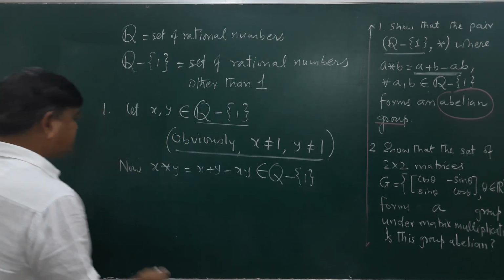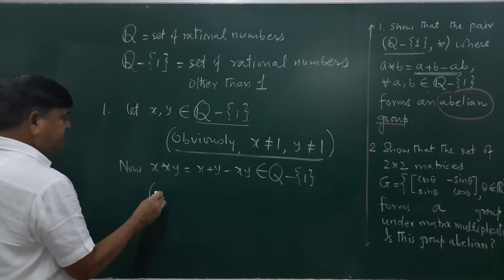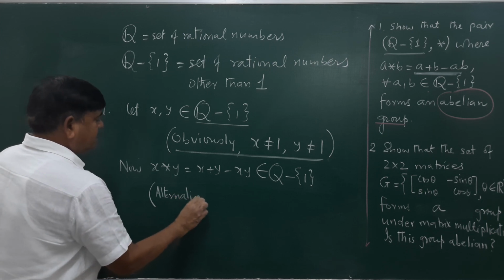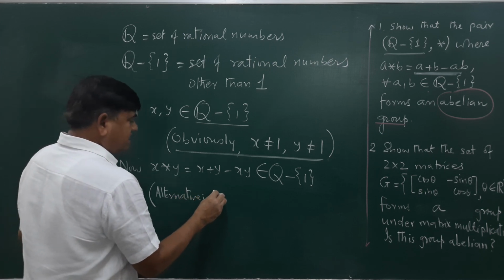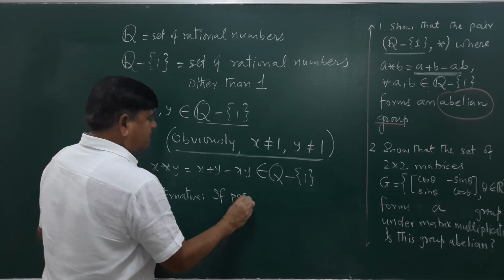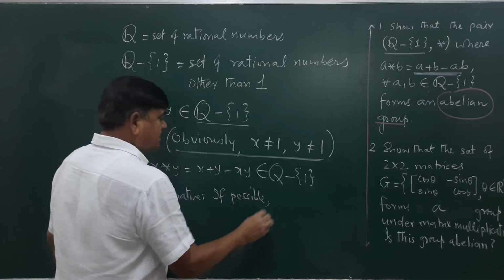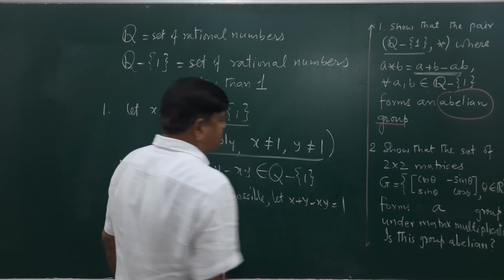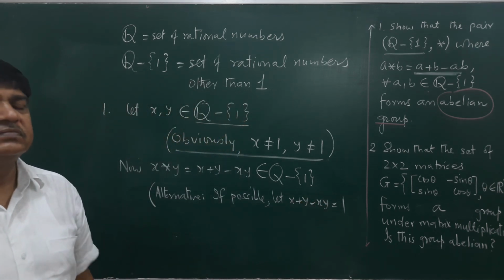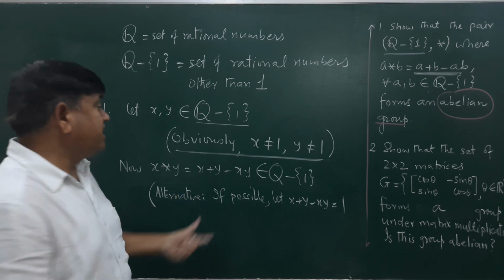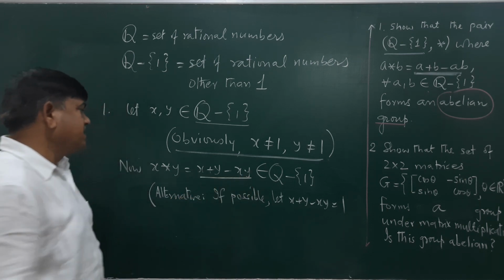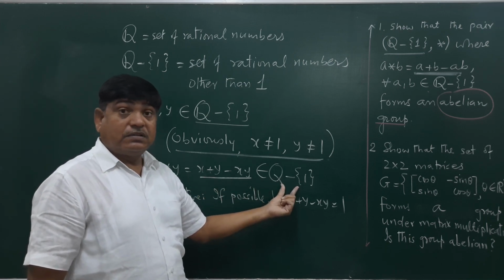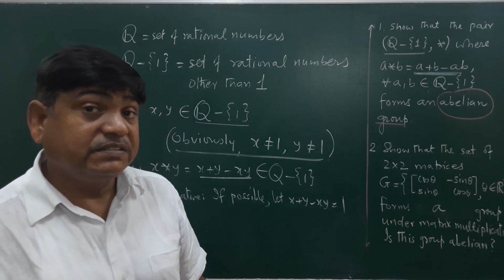Alternative. If possible, let's suppose it is 1. I have written this is equal to this and this is a member of this one, but is it really or not?